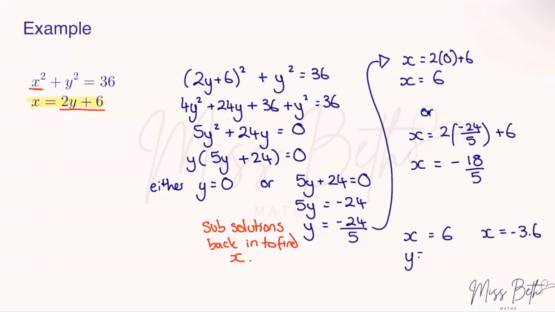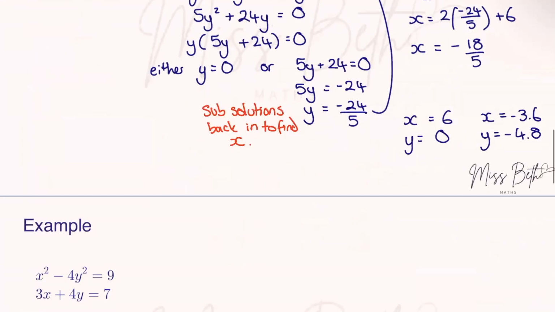And then y is 0, or y is equal to negative 4.8 as a decimal. Okay, so two solutions for each variable, given that it's a quadratic. Okay, so that is how we do it. We're going to have a look at a slightly more challenging example now.